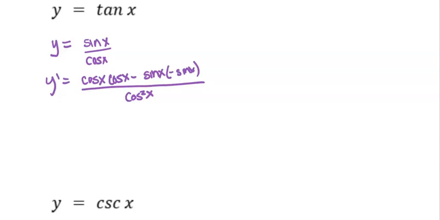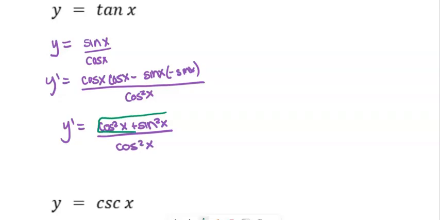What I need to do now is I need to remember that, oh, sorry, let's do one more step. Let's clean this up first. So I have cos x squared plus sine x squared, or sine squared x, all over cos squared x. What I need to do now is remember that this is actually a trig identity that equals 1.